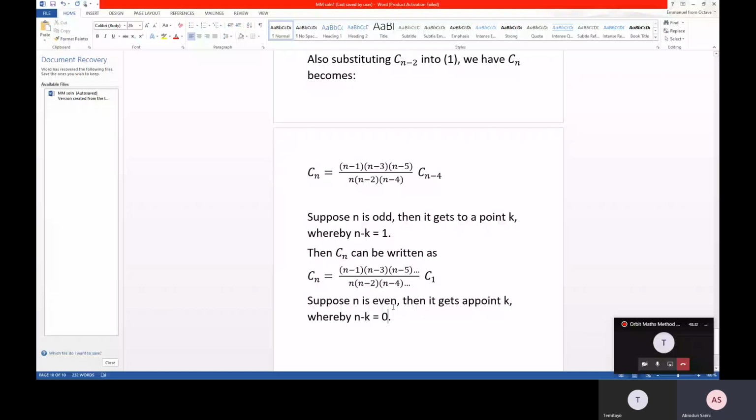But don't forget, we're going to take limits, from 0 to pi over 2. You're going to take limits.